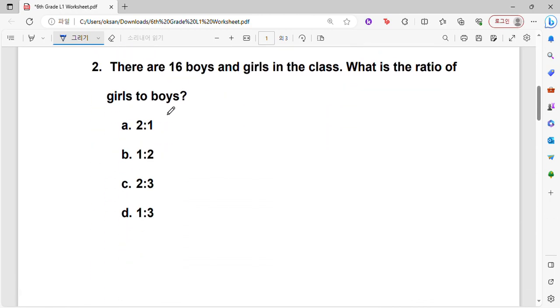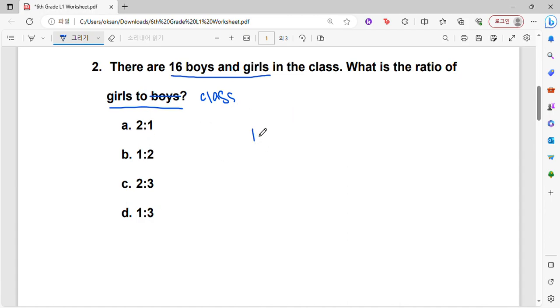Number 2, there are 16 boys and girls in this class. What is the ratio of girls to boys? But we'll change that to class, since boys to girls would be 1 to 1, which is not an option.